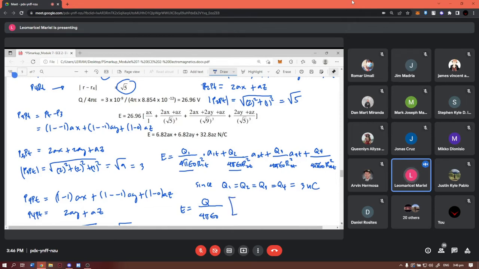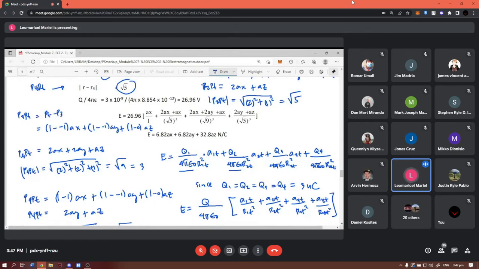Mamumultiply siya sa unit vector A1t over R1t square. Okay. Plus A2t over R2t square plus A3t over R3t square plus A4t over R4t square.